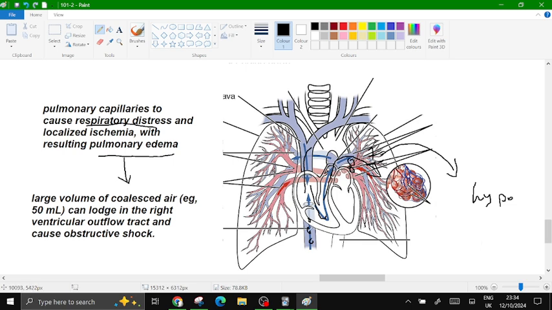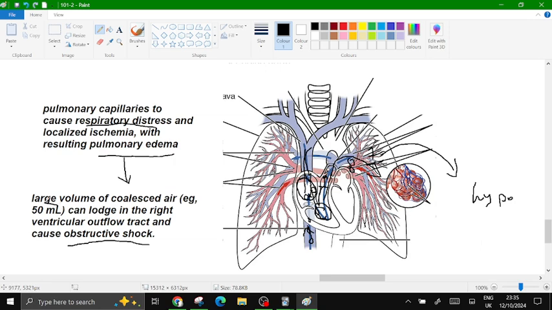Sometimes all these small bubbles that go back to the heart through the vein will sit in the ventricles, and then small bubble with small bubble, they will form a giant bubble in the right atrium or right ventricle, and then they will obstruct the pulmonary artery, and there will be no blood going to the lungs and the left side of the heart, and this will cause obstructive shock.